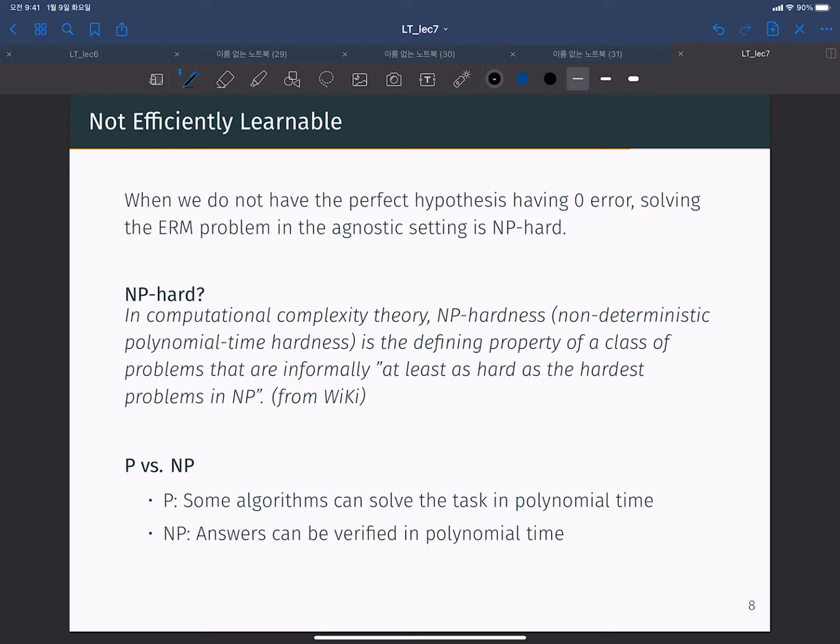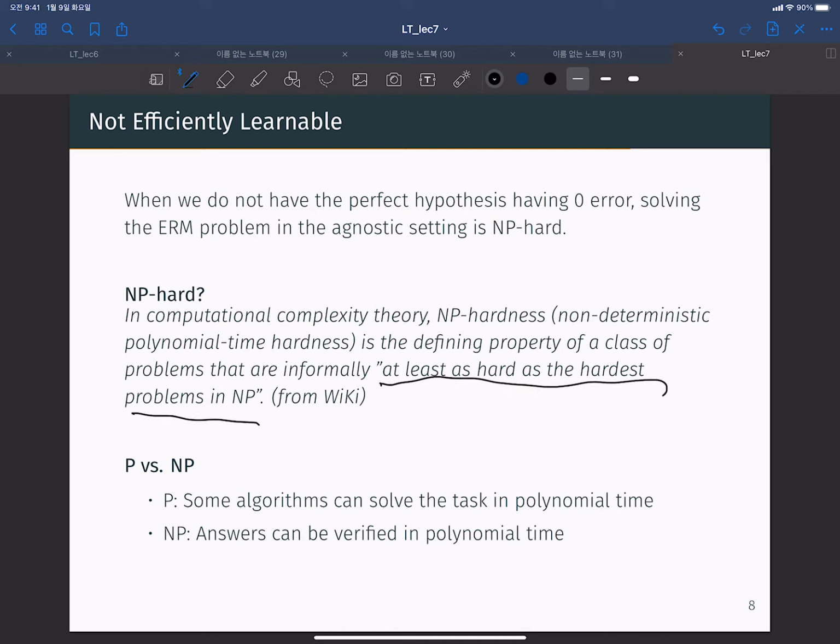From the wiki definition, in computational complexity theory, NP-hardness, non-deterministic polynomial time hardness, is the defining property of a class of problems that are informally at least as hard as the hardest problem in NP.